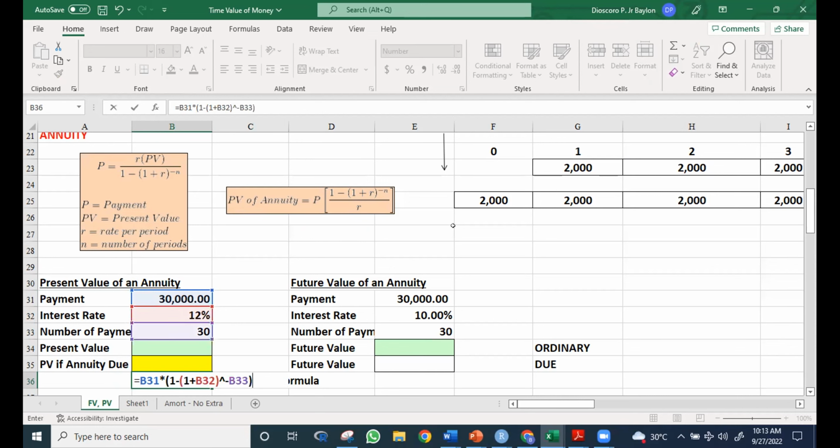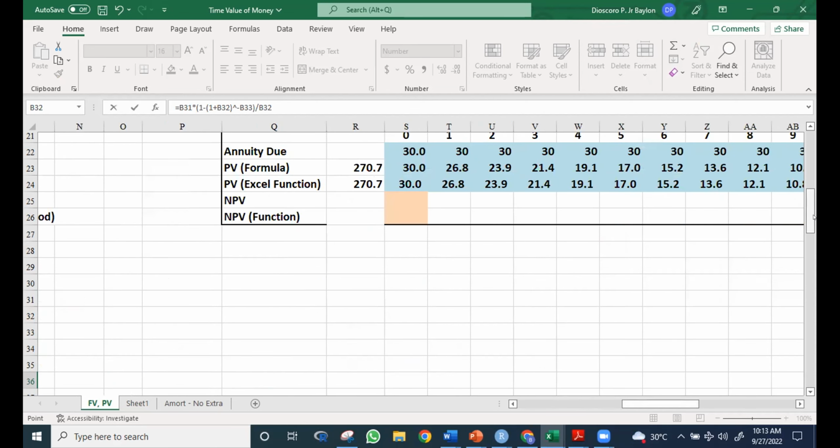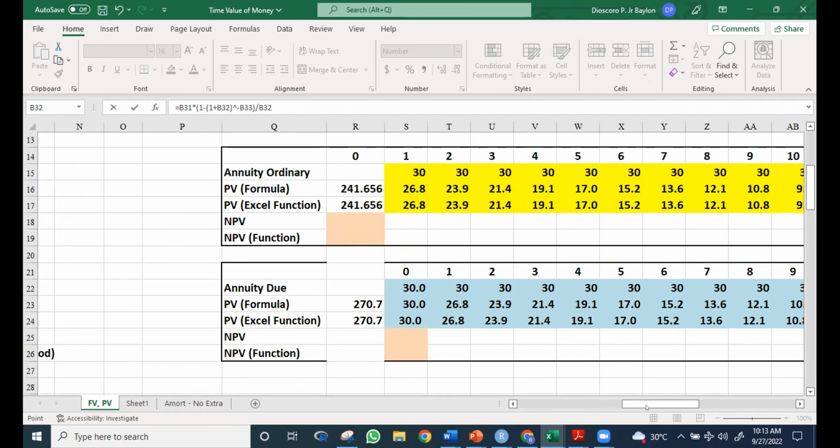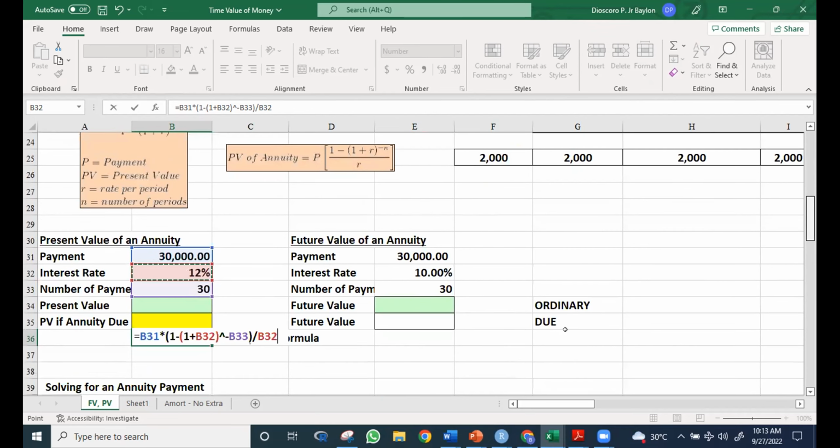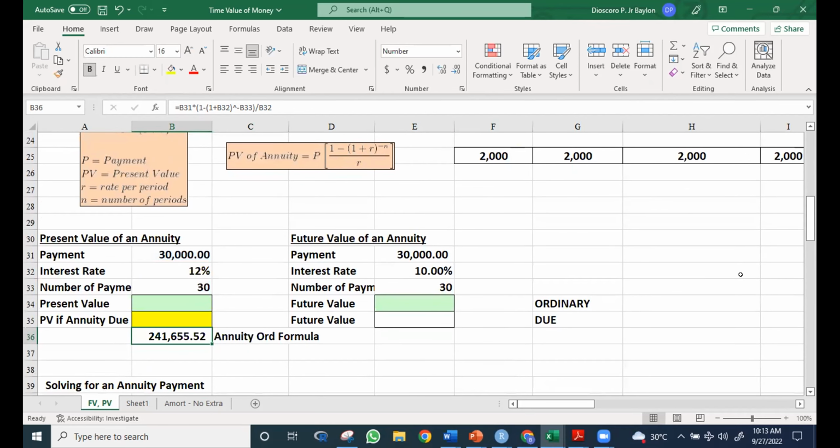That takes care of the numerator, divided by the rate. So we expect to get 241.6. You should be getting that. 241.6 there. So this is using the formula for the present value of an annuity.